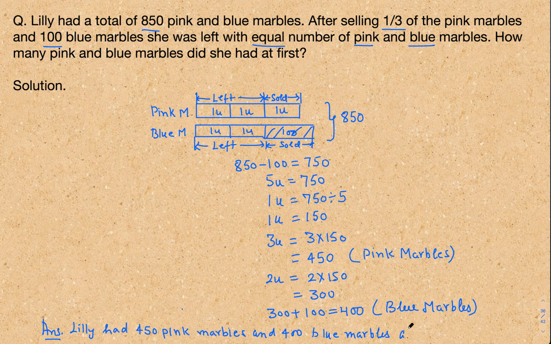We must write that. So at first she had 450 pink marbles and 400 blue marbles. That's the solution of this question.